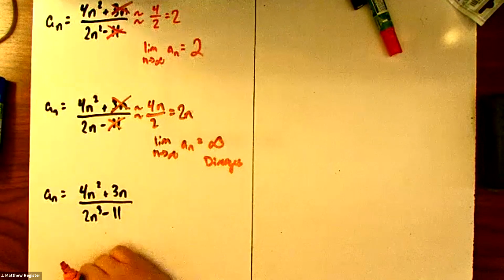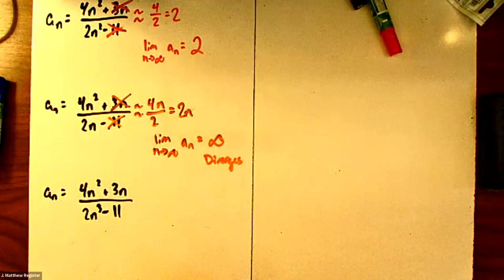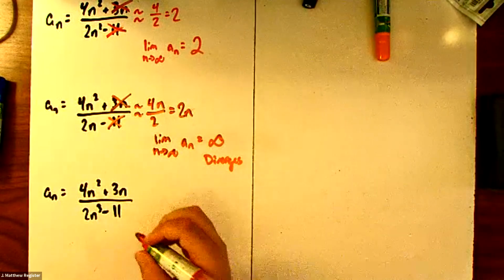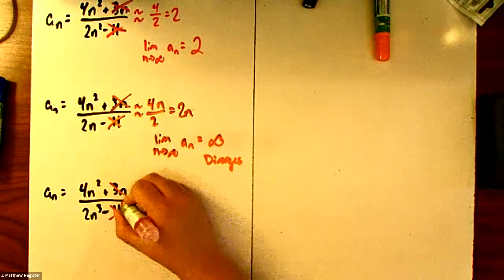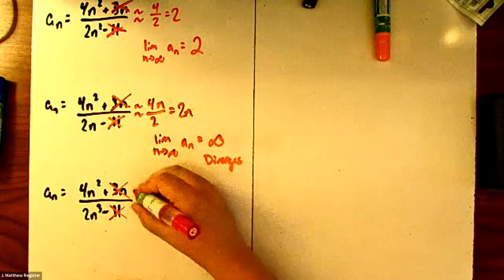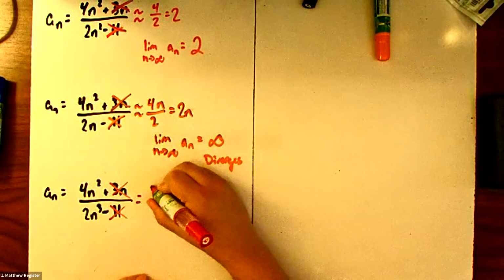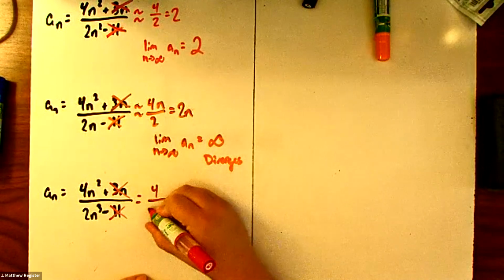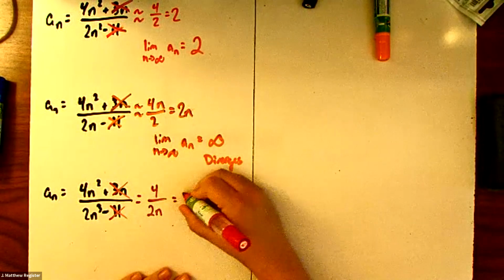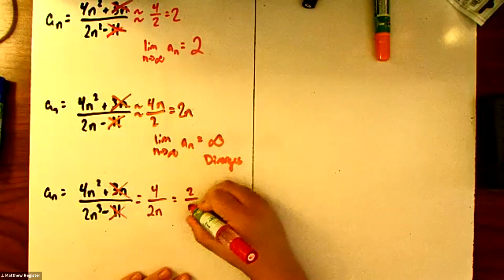Same logic for this last one. And so for this last one, 4n squared plus 3n over 2n cubed minus 11. Again, these terms do not matter for the long-term behavior of this function, which means that we are going to be simplifying this to 4 over 2n, which is, again, going to be 2 over n.